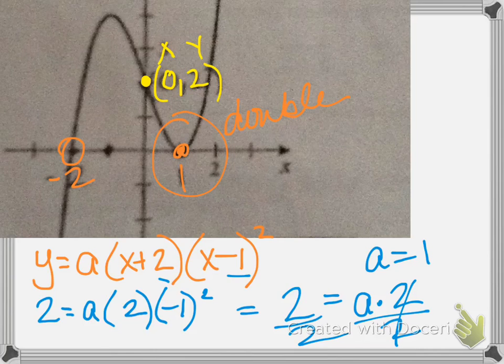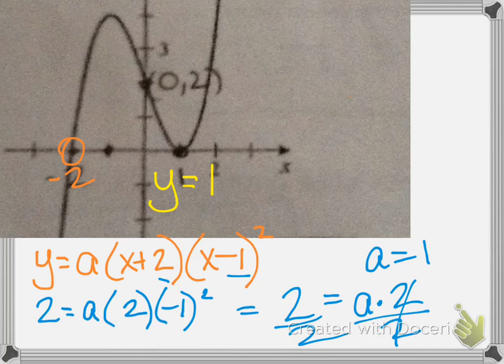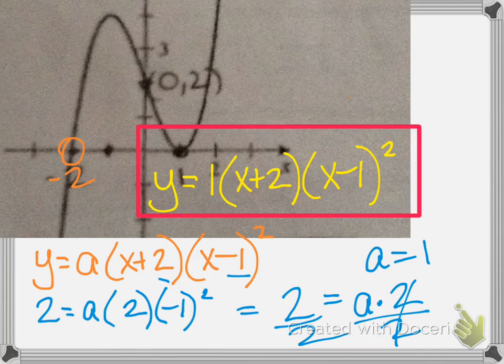So my equation for this graph is y equals 1 times x plus 2 times x minus 1 squared. Alright, so it's important to remember your double roots and how to solve for a.